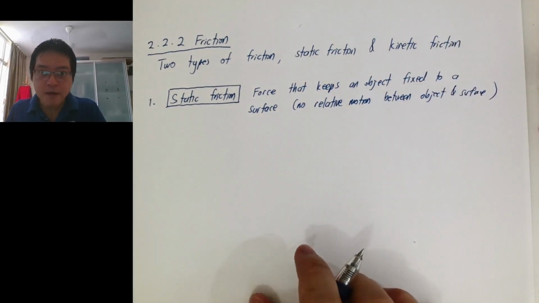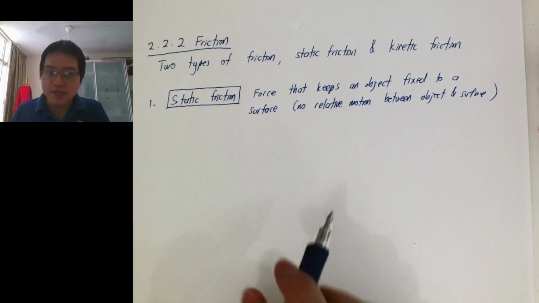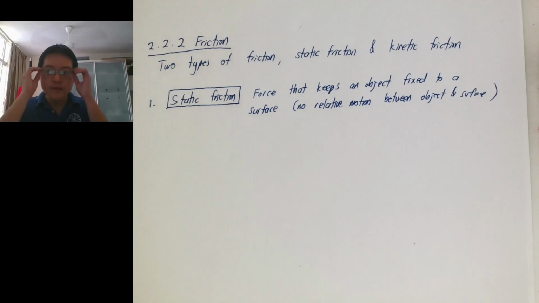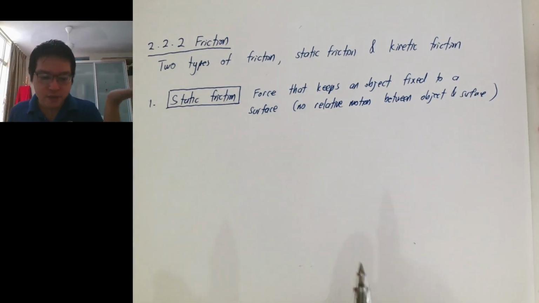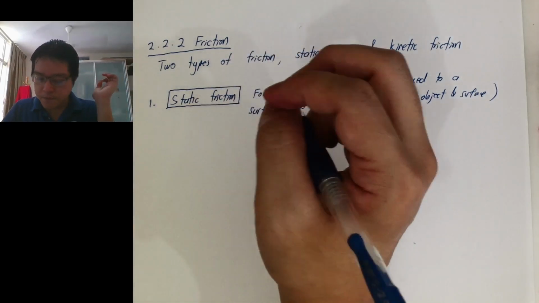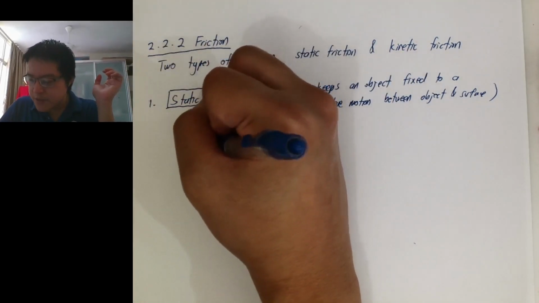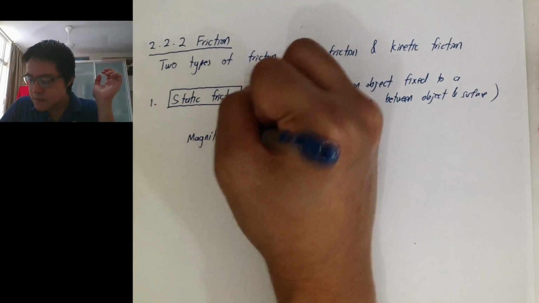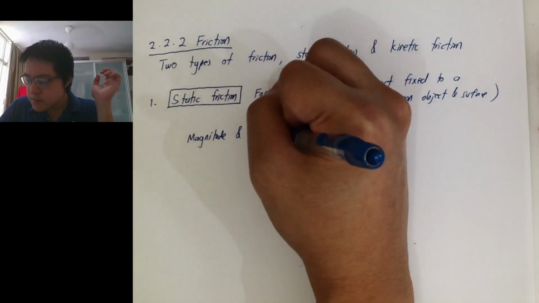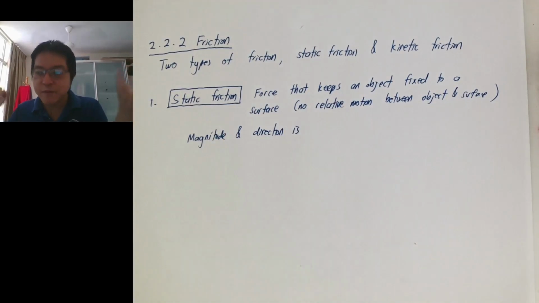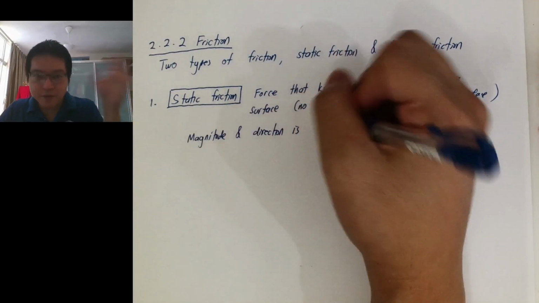So that is static friction, and as always, every time I introduce a new force, we need to learn how to figure out its magnitude and direction. So for static friction, it's very weird. Magnitude and direction is whatever. Okay, there's no formula yet, but I will teach you how to handle it.